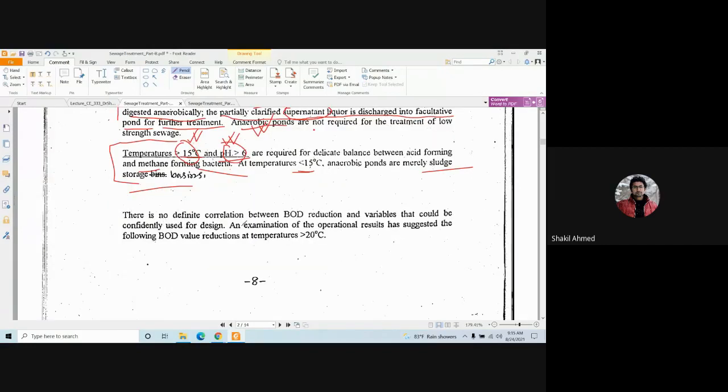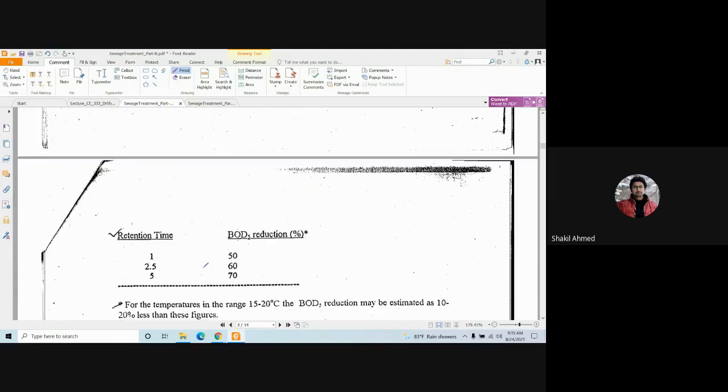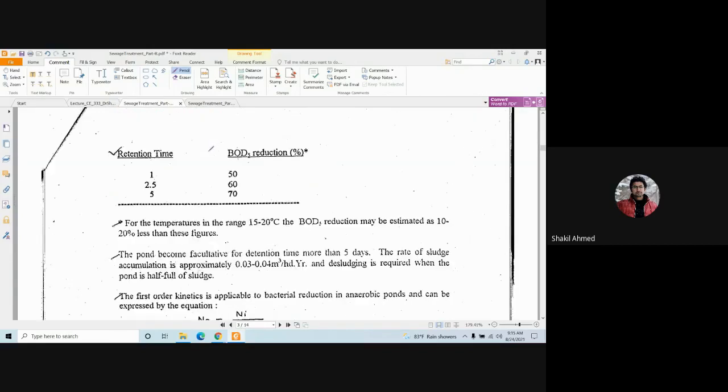There is no definite correlation between BOD reduction and variables that could be confidently used for design, and examination of the operational results has suggested the following BOD reduction at temperatures greater than 20 degrees Celsius. In an anaerobic condition, if your retention time is 1 day, then BOD reduction is 50%. If it's 2.5 days, then BOD reduction is 60%.